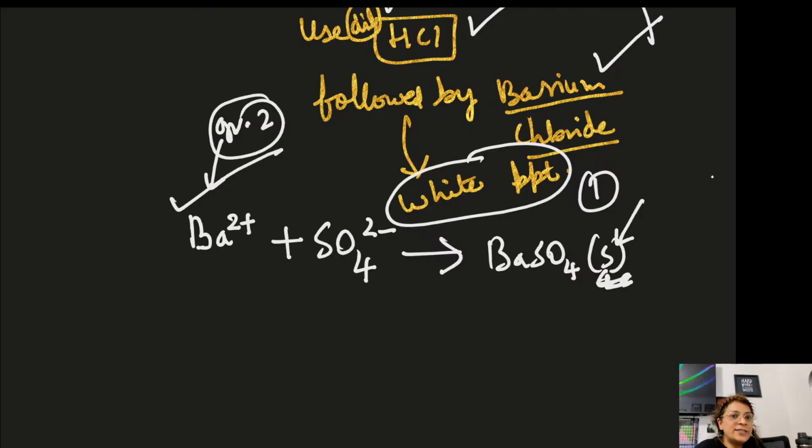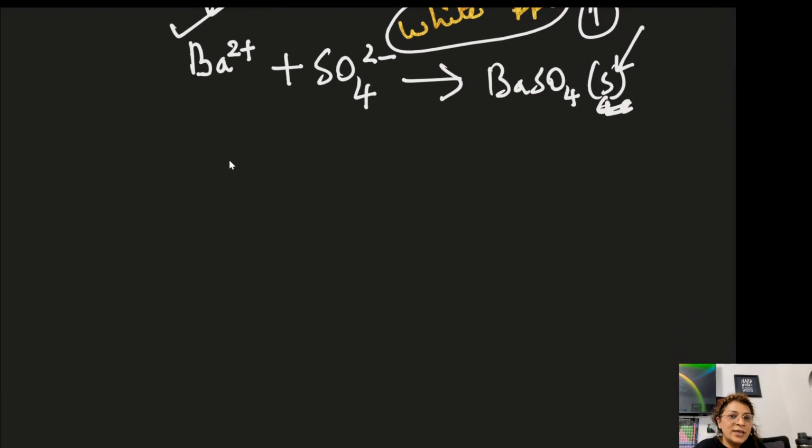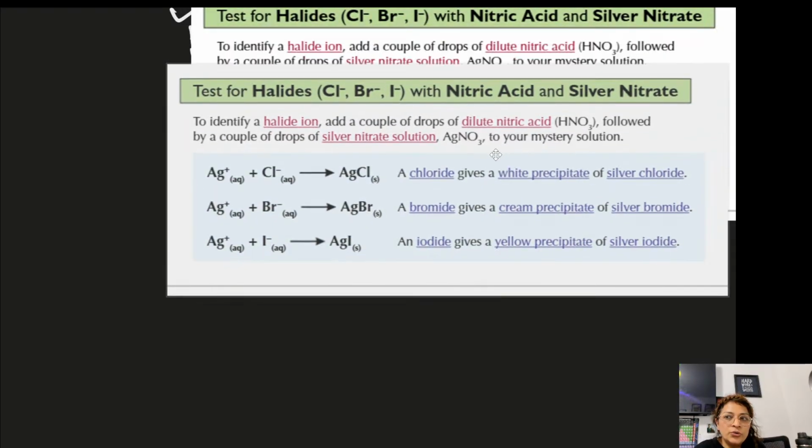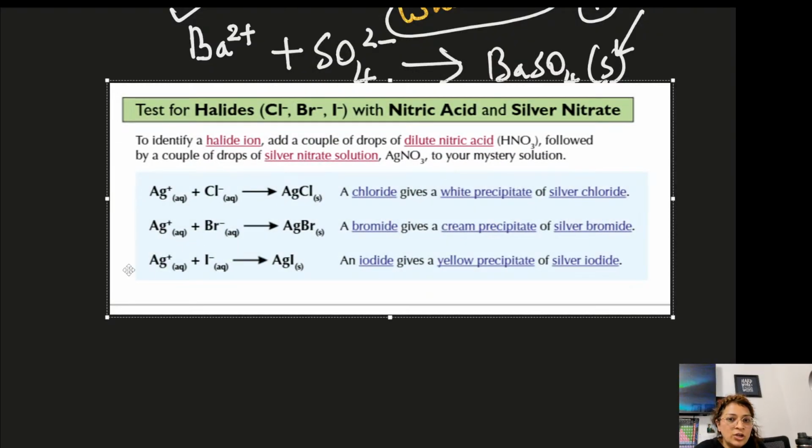Now, instead of writing, I'm going to put a picture in front of you and tell me how do you test for chloride, bromide and iodide. Some of you may remember it. Here we go, this is my screenshot.